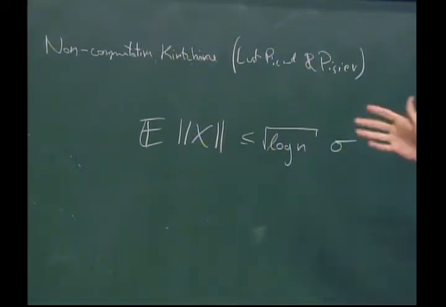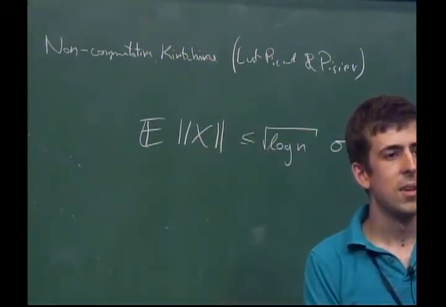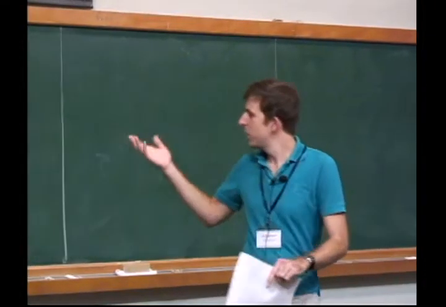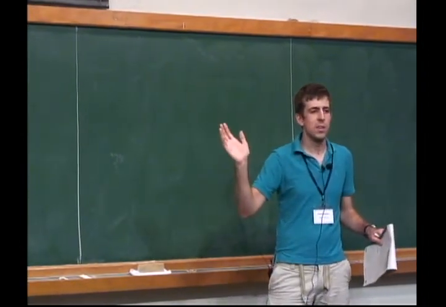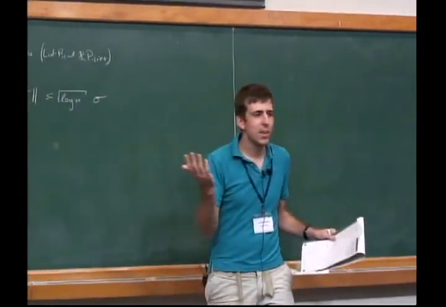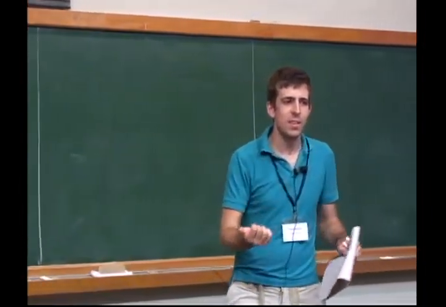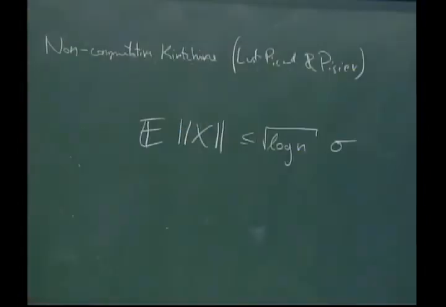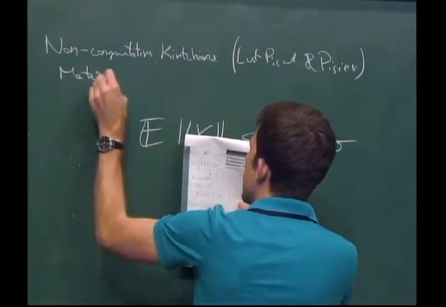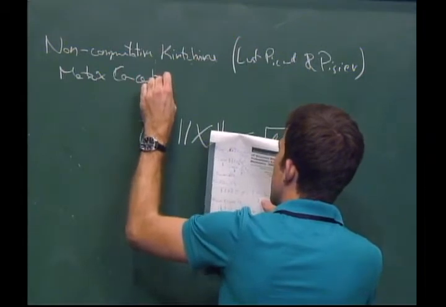I was going to say also that there's another way of getting this. There are some later papers improving the constant. There's another approach to getting this, which is based on matrix concentration.